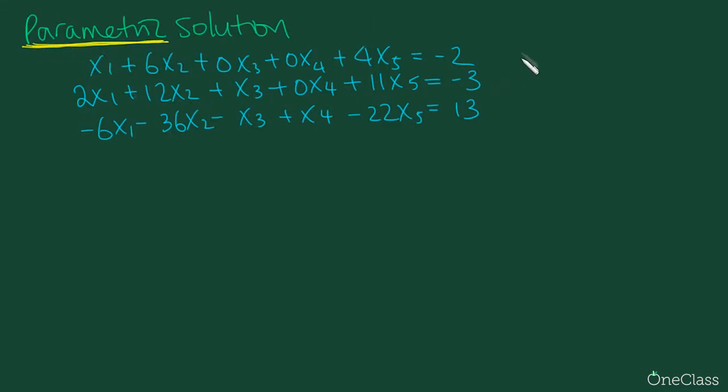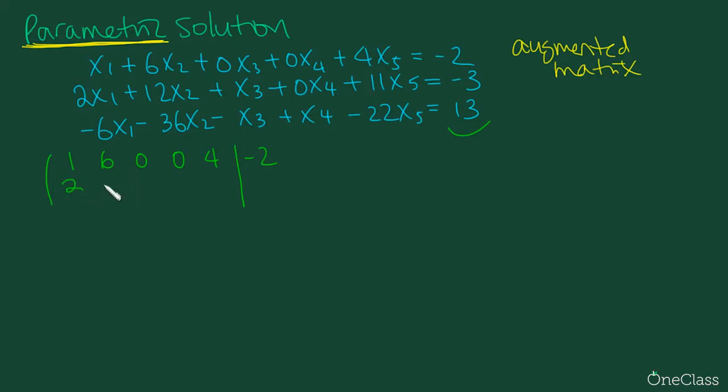So first we need to solve this by using an augmented matrix. So we set up the augmented matrix like this. We take the coefficients, so we have 1, 6, 0, 0, 4, -2, with the equal sign replaced by the bar, and the constants on the right side go after the bar.